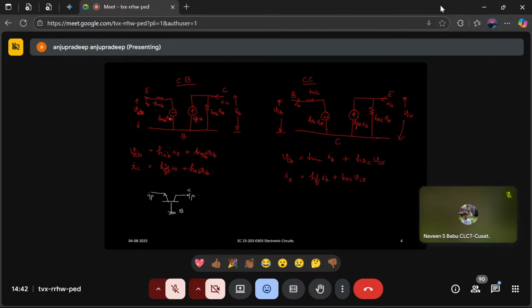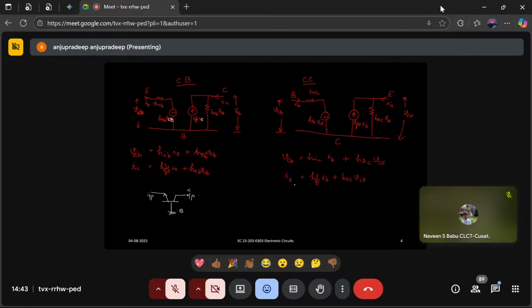So this will be equal to VCB. Okay. So HIB into IE, input current is IE. Then you have HRB into VCB, output current HFB into input current IE. Then HOB into VCB and output current is IC. So you can write equations accordingly.